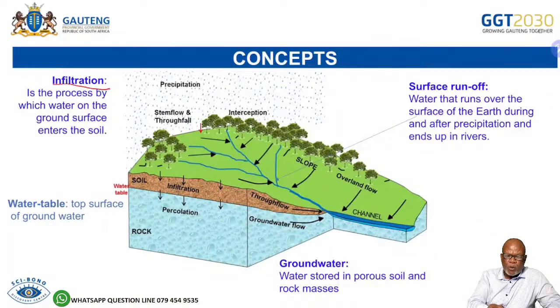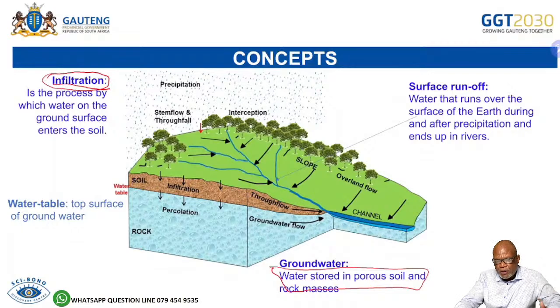That process is called infiltration. And then once this water infiltrates the surface, where is it going? It's going underneath the earth surface. Once that water is no longer on the surface, it is called groundwater. So what is groundwater? Groundwater is water that is stored within the earth surface, or the water that is stored beneath the earth surface.